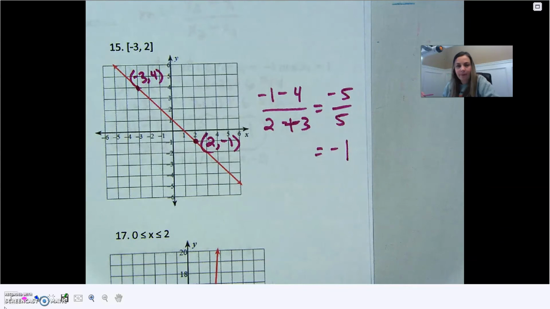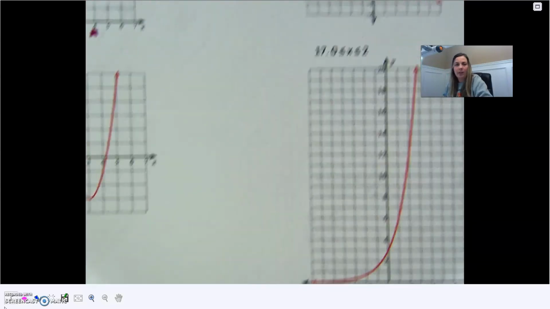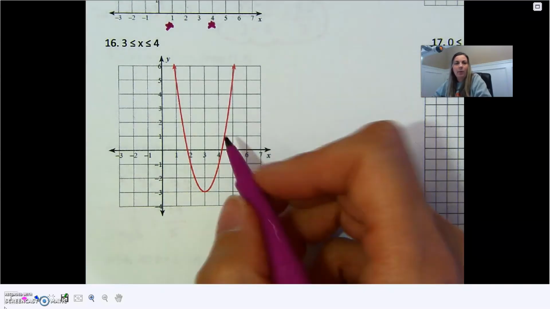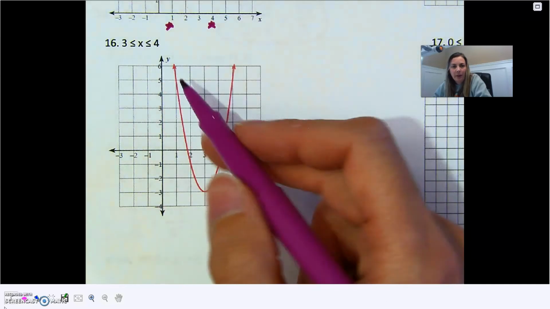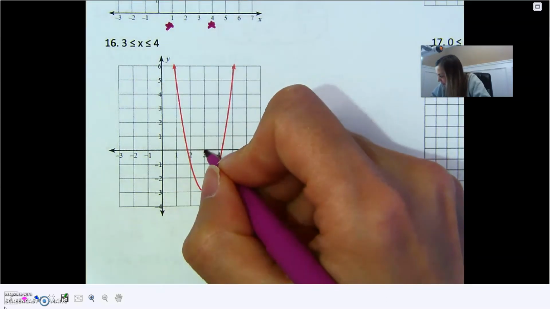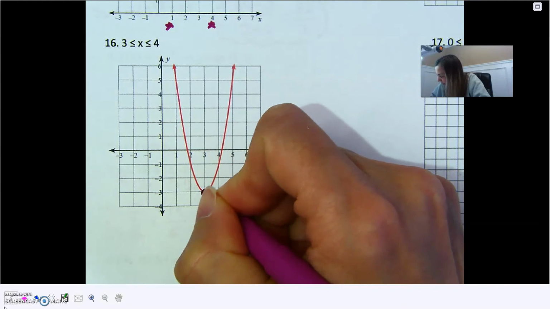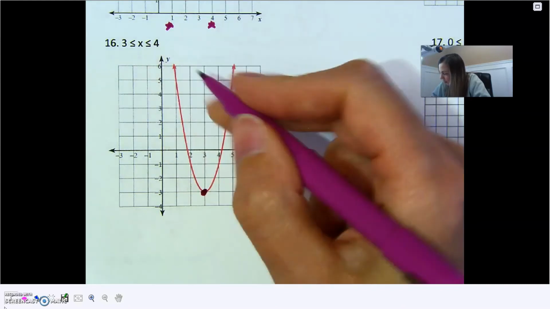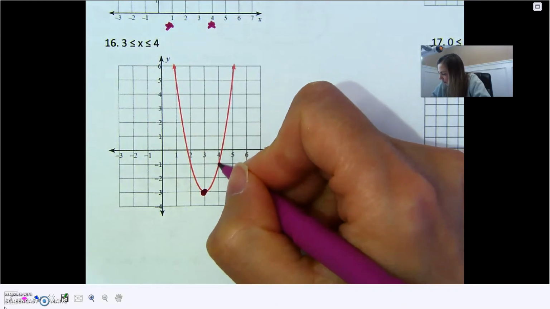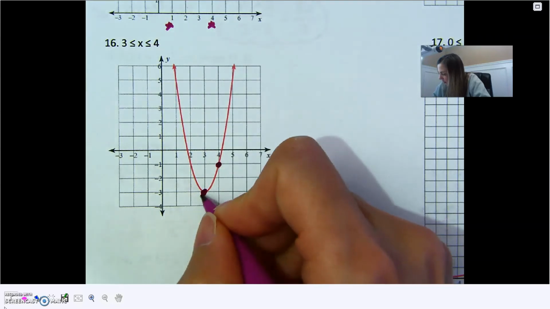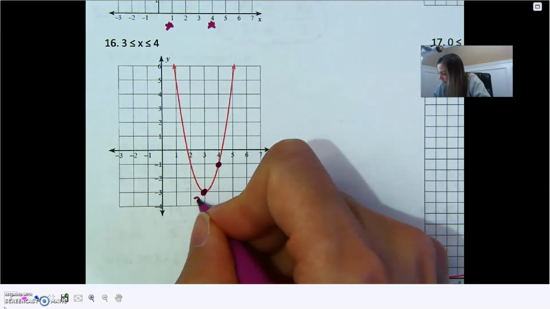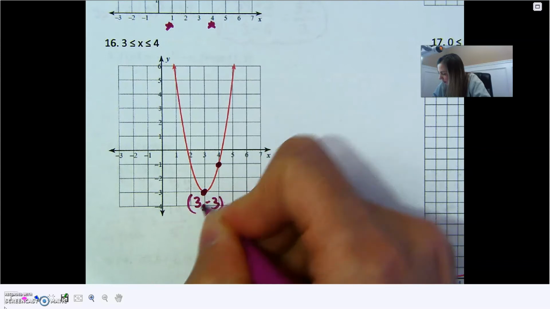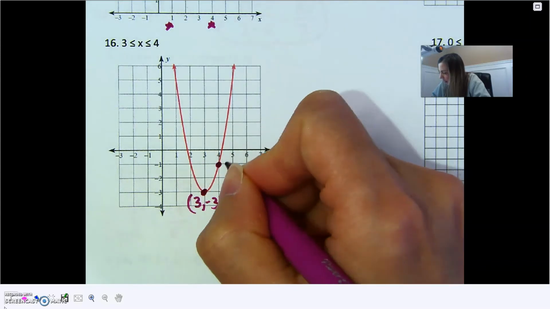All right, number 16. We're going from 3 to 4 on the graph. So 3 would be right here to 4. 4 is right here. So this point is 3, negative 3. And this point is 4, negative 1.